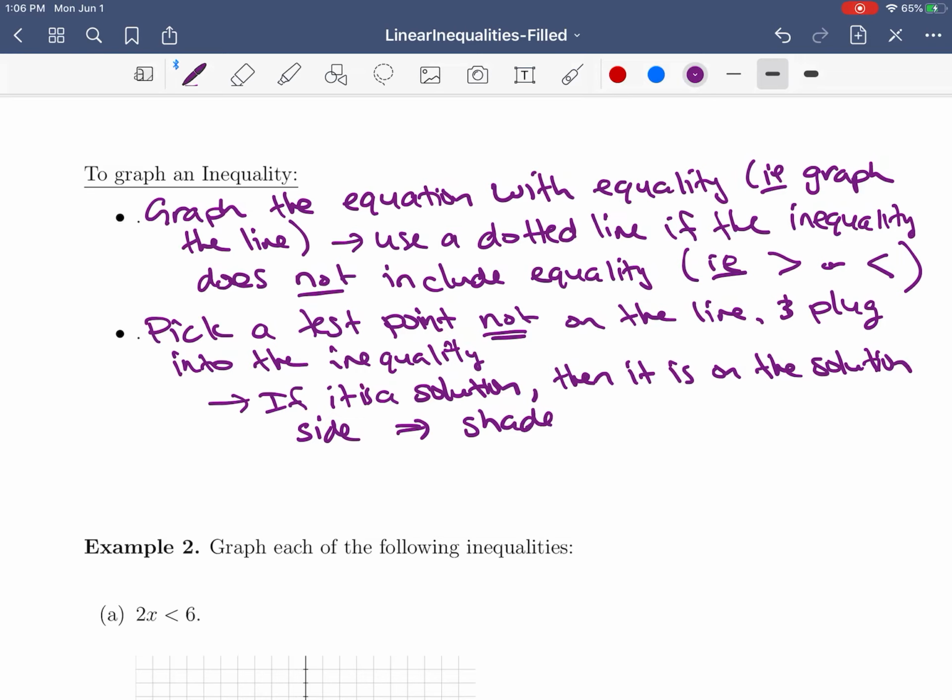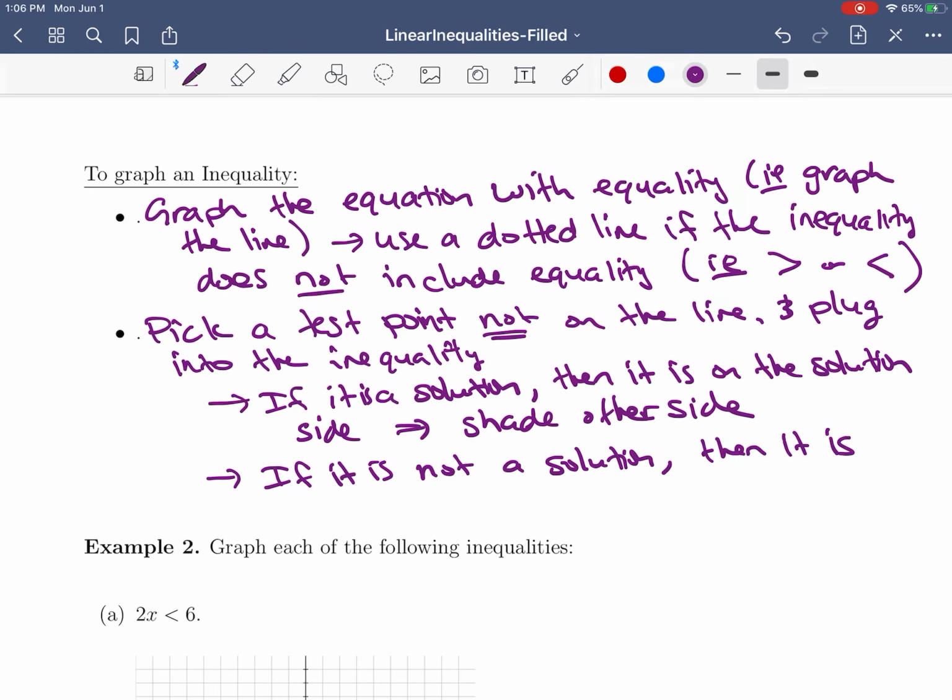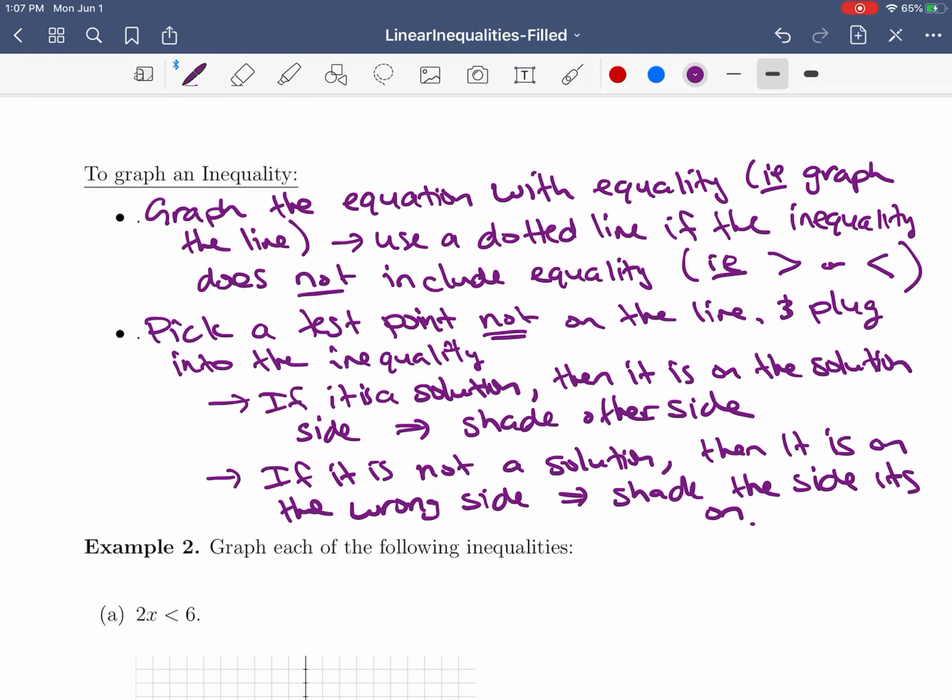So that means that we're going to shade the other side. Okay, if it is not a solution, then it is on the wrong side. So we shade that side. Okay, so that's how we test.